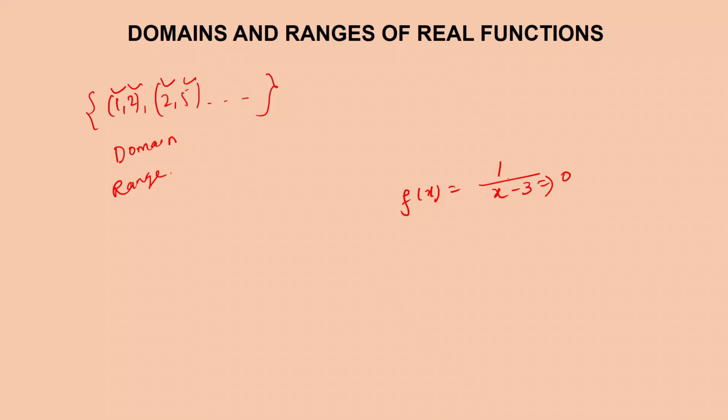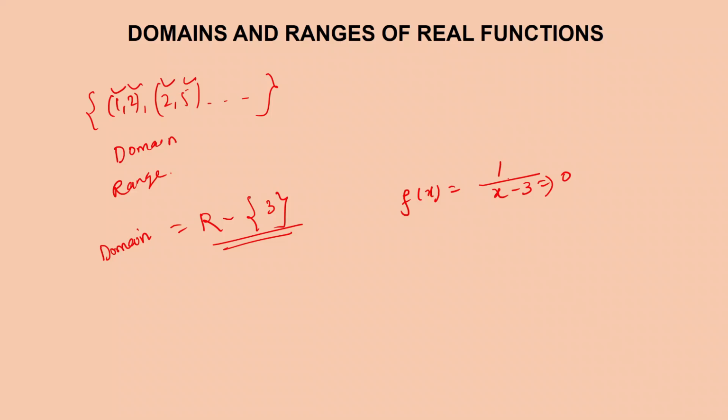So what you do, you say that the domain doesn't contain 3. The domain is R minus {3}, right? So this is how you define the domain. You have to exclude all those points for which the function is not defined. So I repeat, the domain is a set of all those values for which the function gives you defined results.